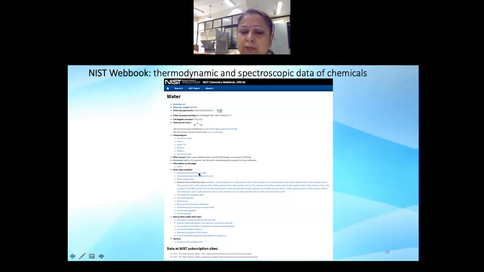Then you can come here and you can find gas phase thermochemistry data, condensed phase thermochemistry data, phase change data, gas phase ion energetics data, mass spectrum, vibrational and electronic energy levels, gas chromatography, fluid properties. So if all these data you want for a particular chemical compound, you can go to NIST WebBook.